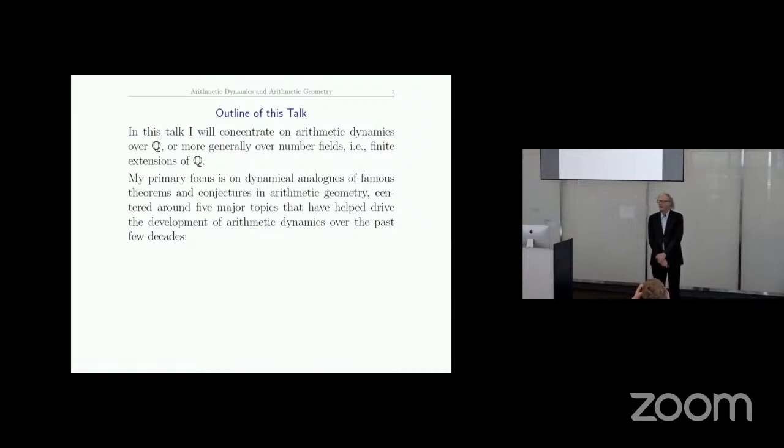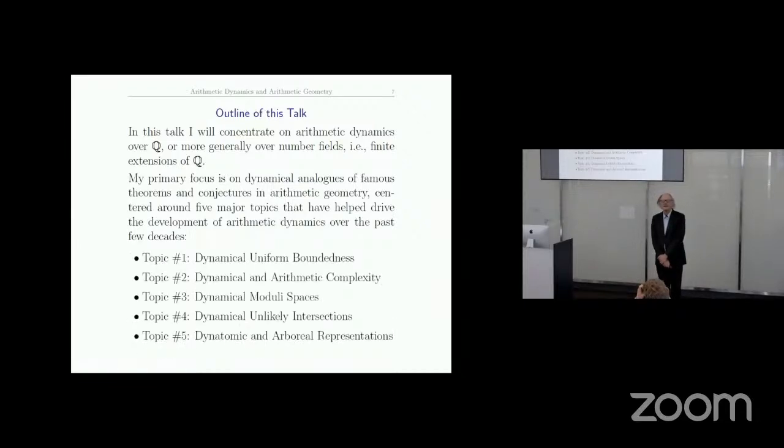And again, there are a lot of possible topics to choose from, so at least in my write-up for the ICM proceedings, I decided just to concentrate on 5 of them, which you can see here, which I won't actually read, but they'll be on the next slide.